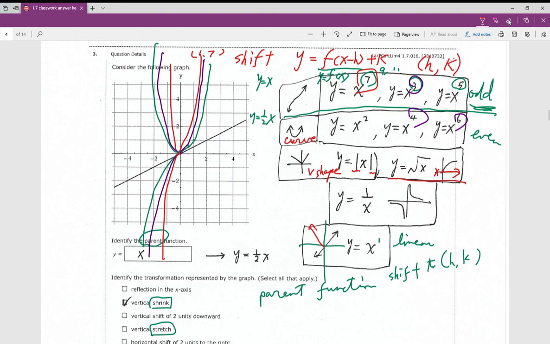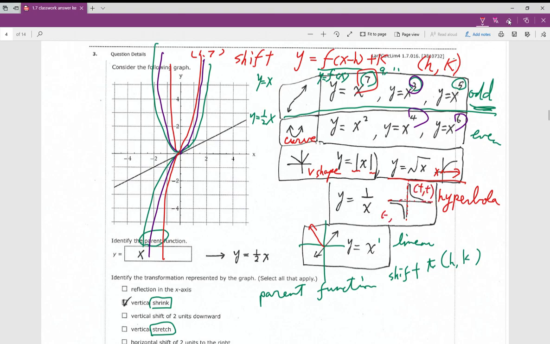Now the other one I want you to memorize is called hyperbola. Hyperbola function, we learned that in algebra 2, and there's the asymptote here. When x is positive, y is positive.